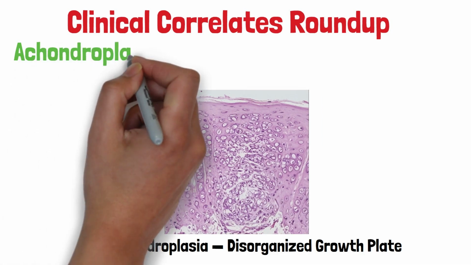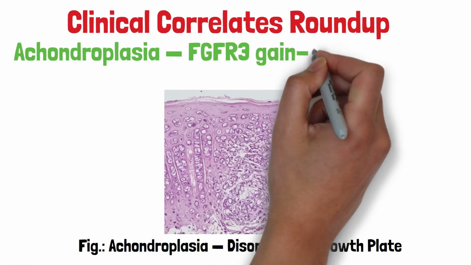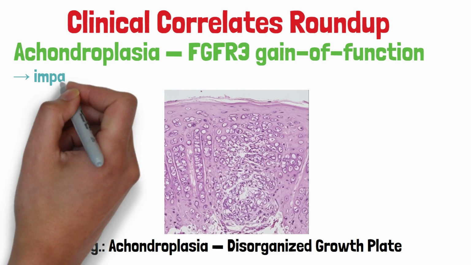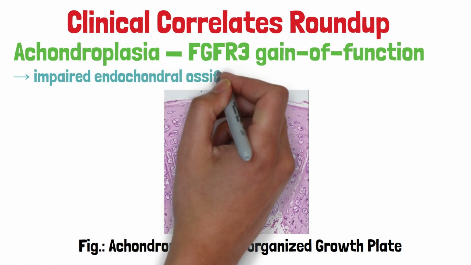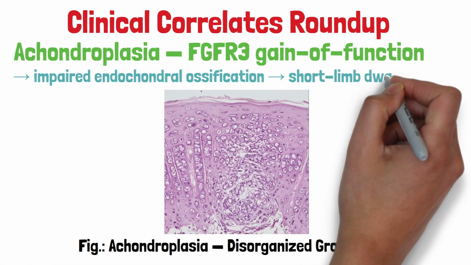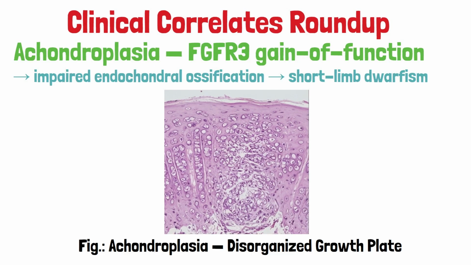And achondroplasia, an FGFR3 gain-of-function mutation that impairs endochondral ossification, resulting in short-limb dwarfism. Notice the pattern. 2 of these 3 are collagen problems, and 1 is a growth plate cell signaling problem, exactly the framework I opened this video with.